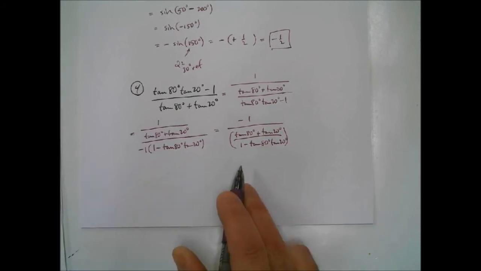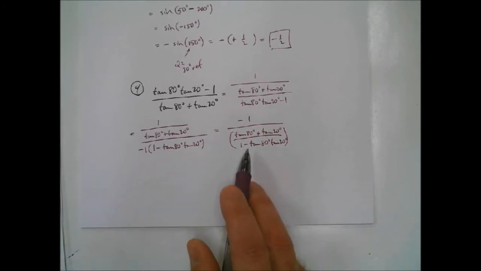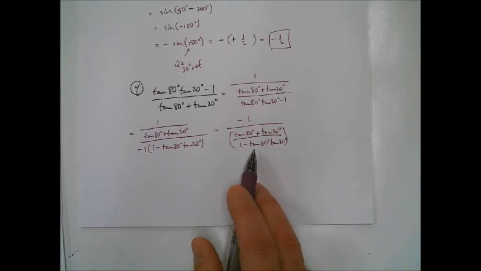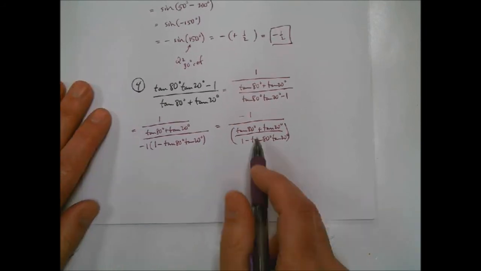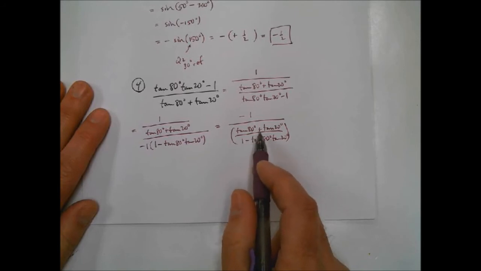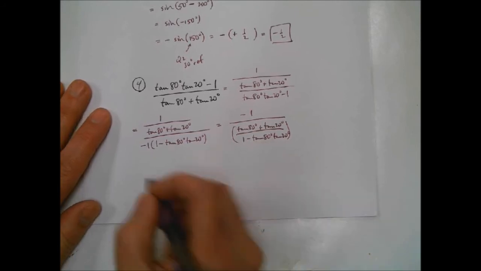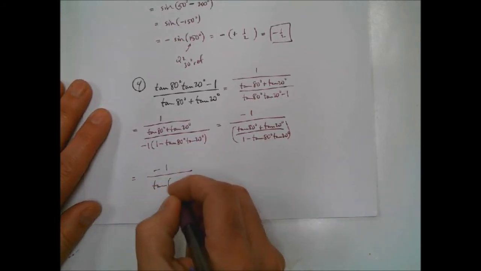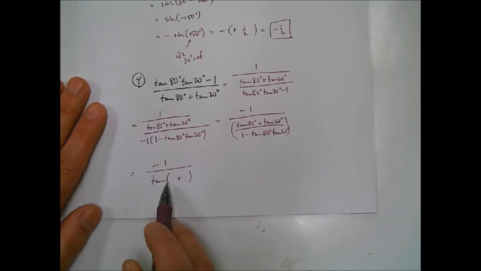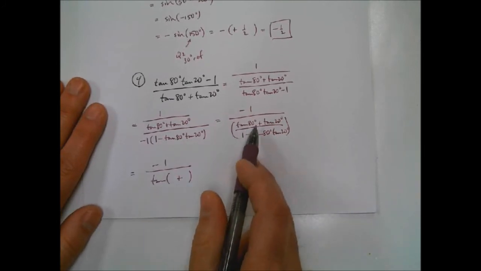Now, at this point, the stuff in the denominator matches the tangent of, is it angle addition or angle subtraction? Well, look at the signs. Same over change. Same over change. And so, this is tangent of angle addition.